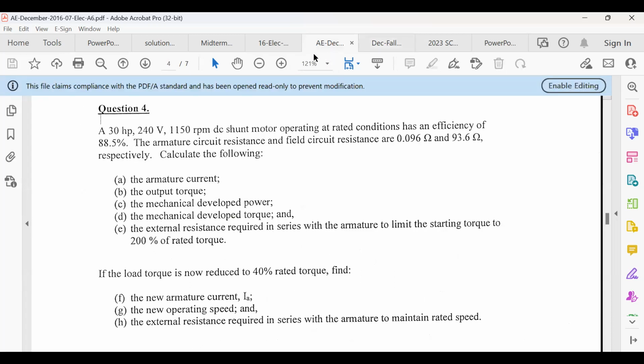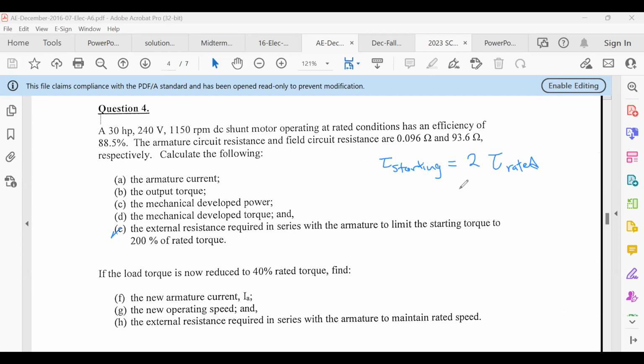Let me go back. Any other questions for this? I can try to repeat this one. Do you want the torque during starting to equal double the rated, the normal torque?